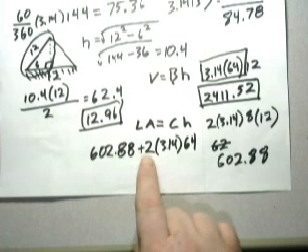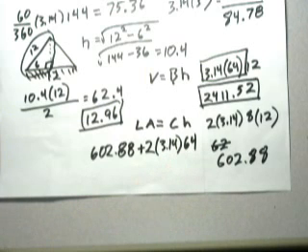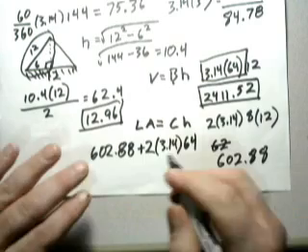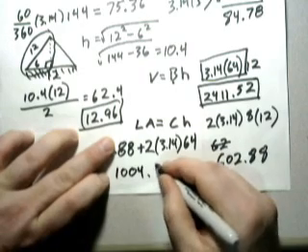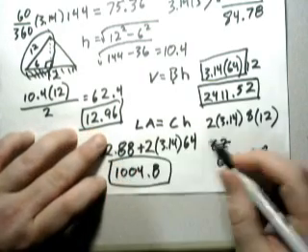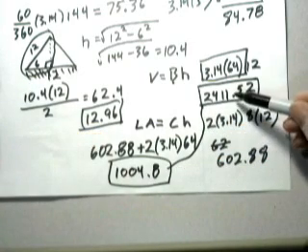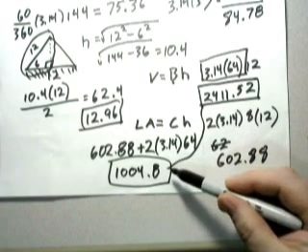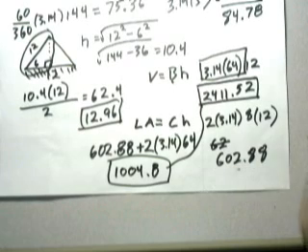Now remember, that 2 right there is because we've got 2 of these right here. And for the surface area, I have 1004.8. So there's our 2 answers right there. Volume and surface area. This was the lateral area, and then we had to add the 2 bases to that. Okay, we're going to continue this with the next video.